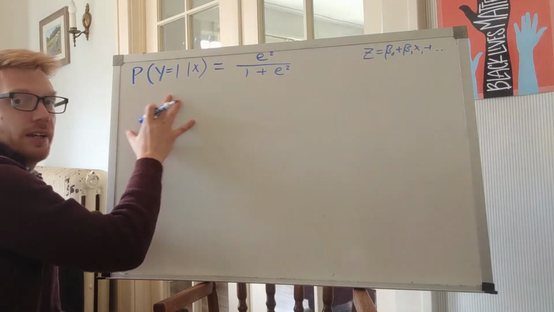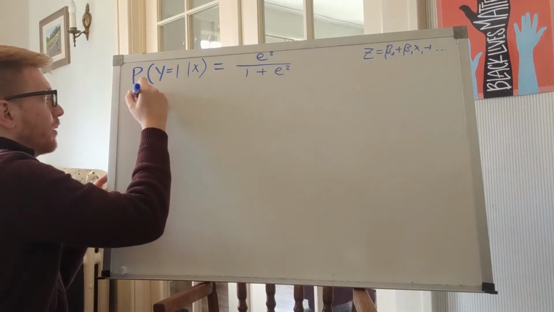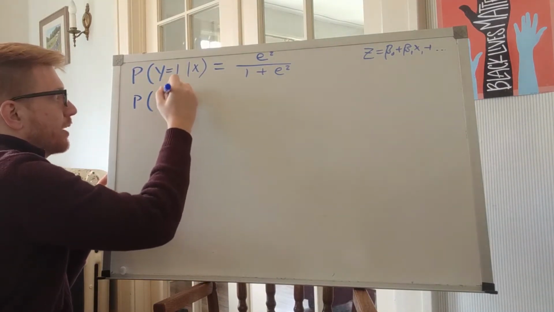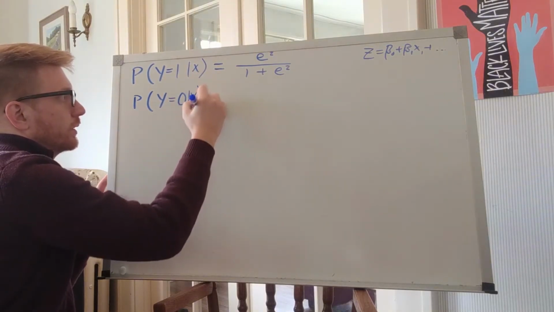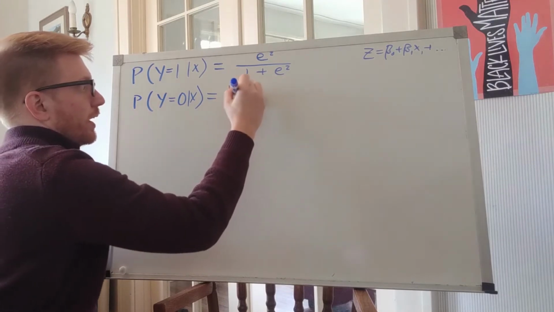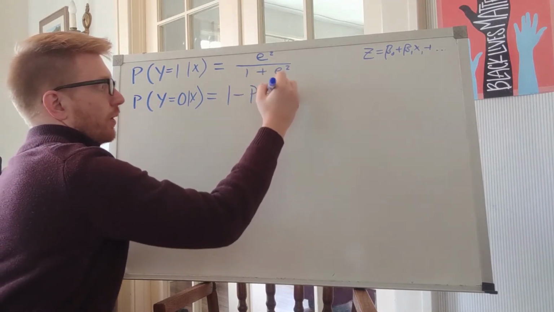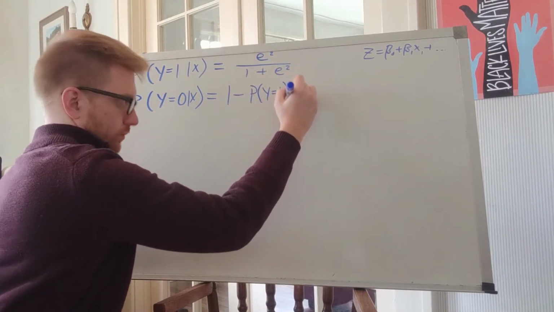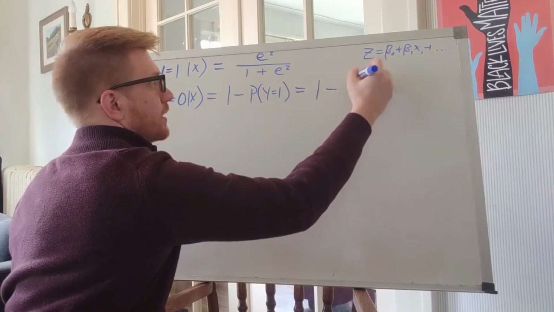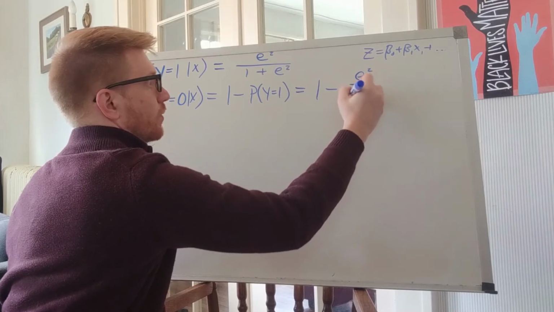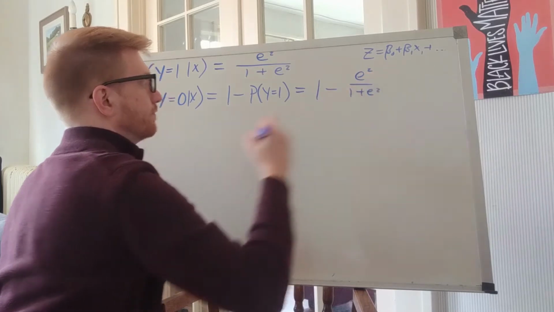This is the probability that it happens. The probability that it does not is the probability that y equals 0, which is 1 minus the probability that y is 1, which is 1 minus e to the z over 1 plus e to the z.